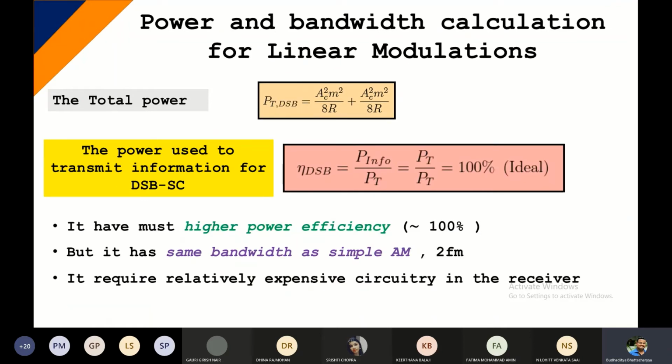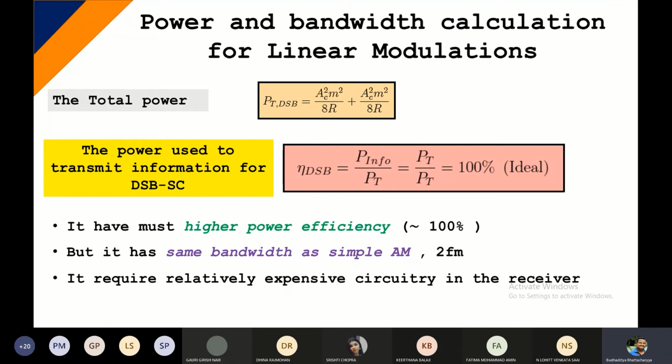Now coming to DSBSC, the same thing happens except that we are only allowing the USB and the LSB to operate, and the carrier is completely suppressed. So you can see the final outcome, the efficiency in this case is almost 100% in the ideal case. It won't happen in practice, but in the ideal case, P info is nothing but the accumulation of this one only, because both USB and LSB are where the information is.